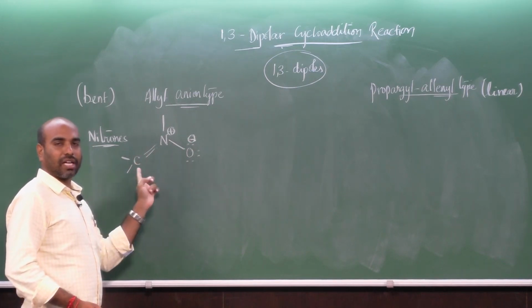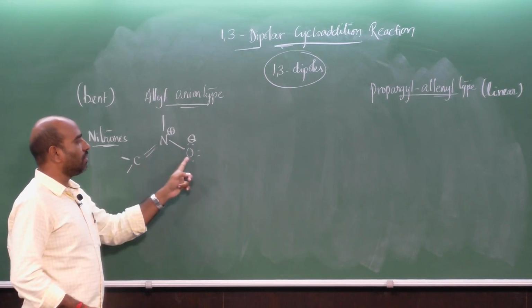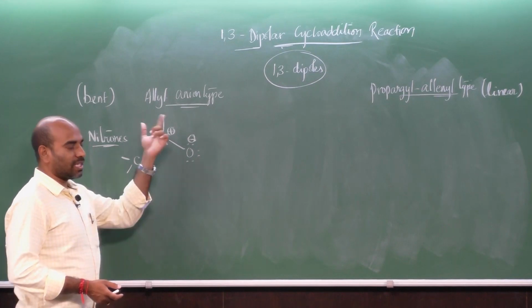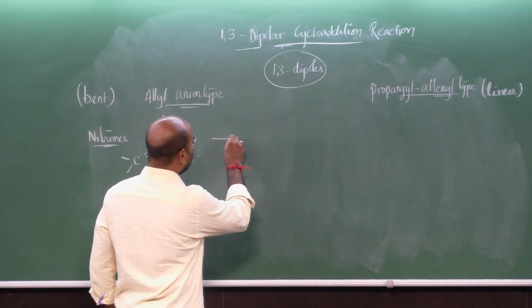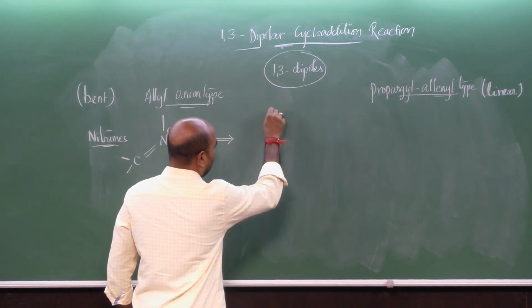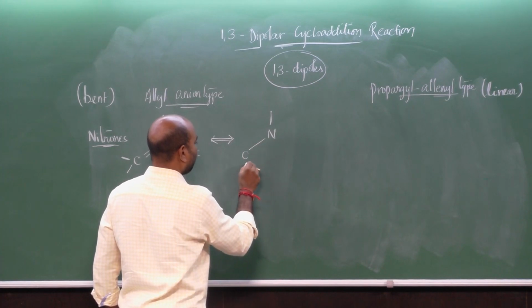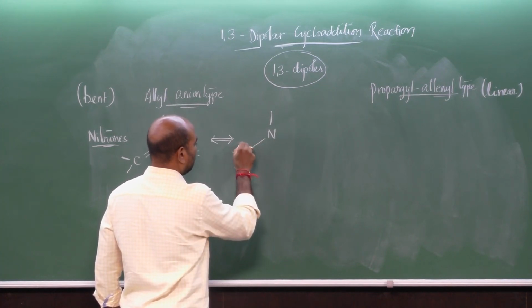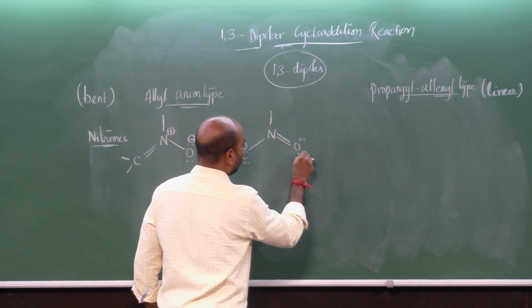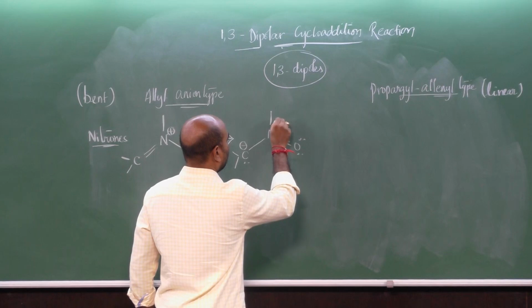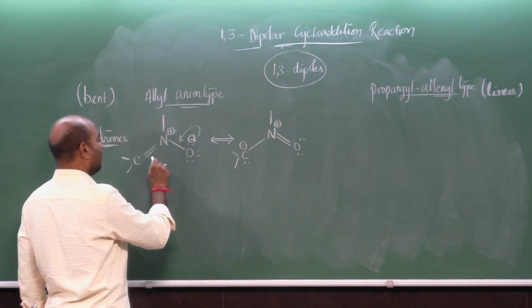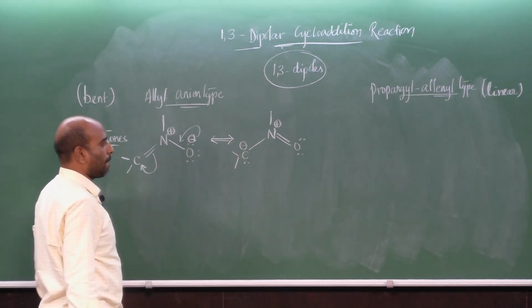That means the terminal atoms have the flexibility of holding the negative charge, right. So these are treated as 1,3 dipoles. That resonating structure we can also see, C minus, double bond O, this one. So how is this happening? If this negative charge comes here, and this goes to the carbon atom.